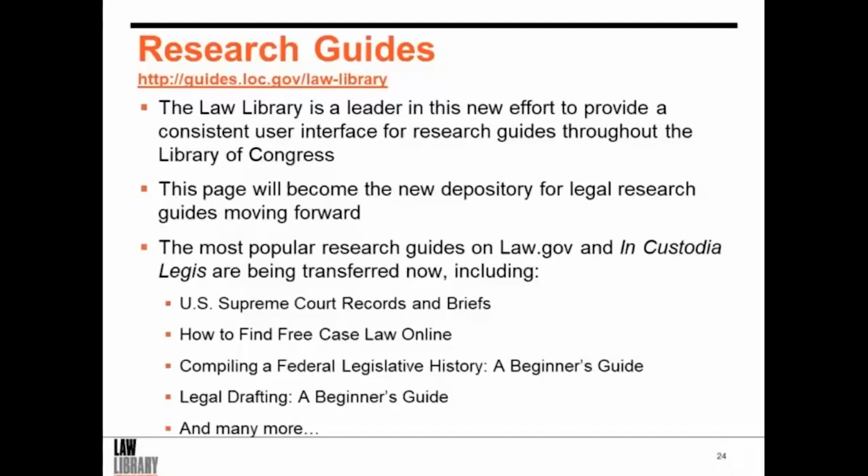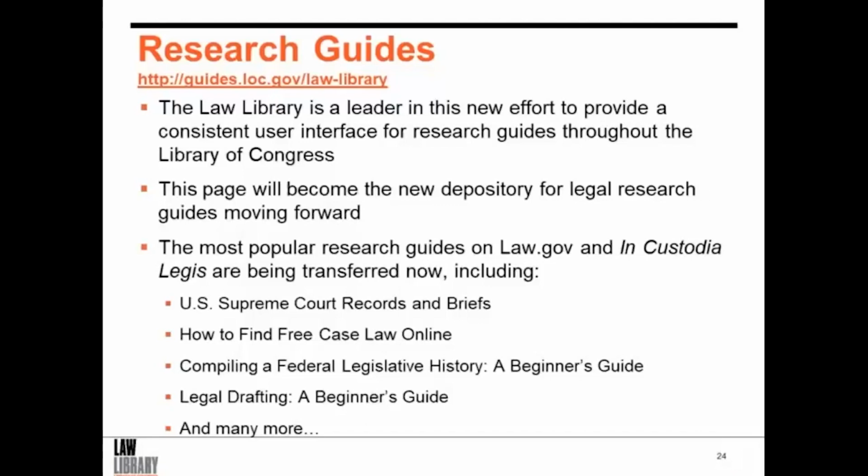I happen to be looking up something in California this morning. The California Guide to Law Online page is now a research guide, and I'm just able to link over. It's formatted a little differently, but the information is the same. If anything, it's perhaps a little richer. So we've moved over information on our Supreme Court records and briefs collection about how to find case law online.